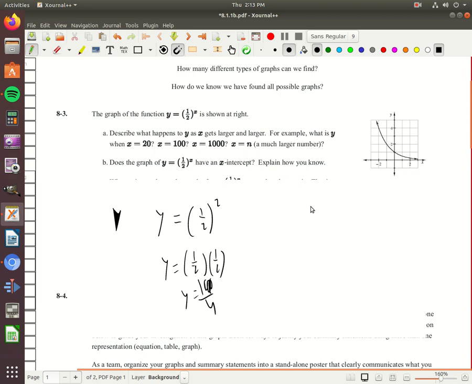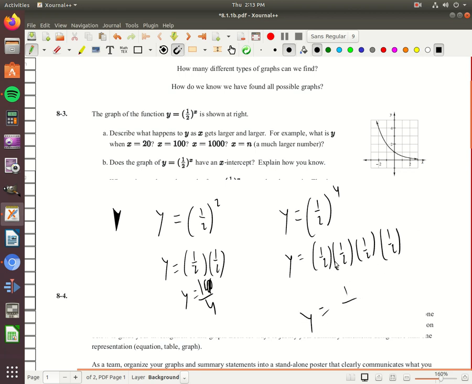If I have y equals 1/2 to the 4th power, that's like saying y equals 1/2 times 1/2 times 1/2 times 1/2. If I multiply the tops, 1 times 1 times 1 times 1 is 1, and 2, 4, 8, 16. So here I have 1/4, and here I have 1/16. So the more I add to the x, the smaller the y gets, which makes sense because it's going down.